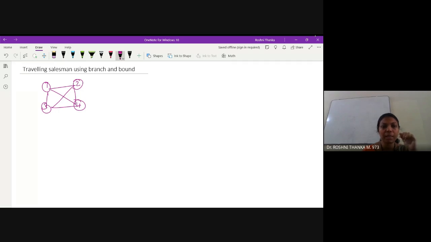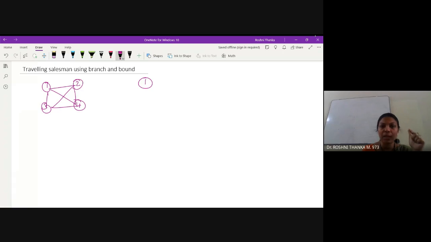Generally, in branch and bound, we solve this by making a state space tree. How will I make it for this problem? First, the person starts from node 1, which means from place 1.